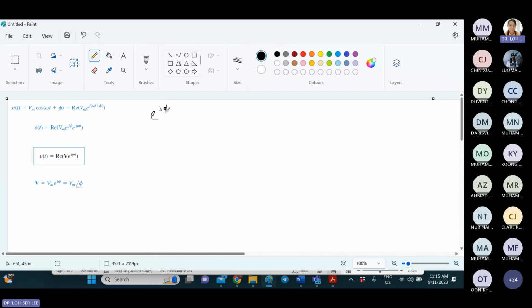I follow phi, or we use theta first. e^(jθ) is, what you are familiar with currently, cos θ plus j sin θ, right? So if I change this into this one, the angle is this one. You call this omega or what? W.